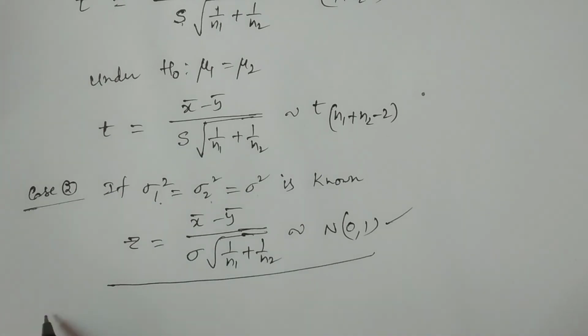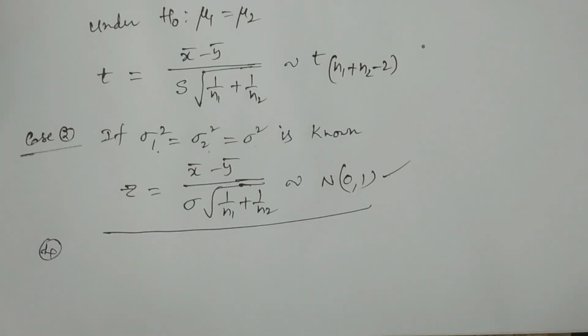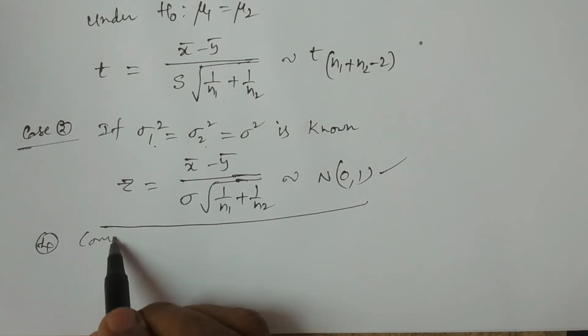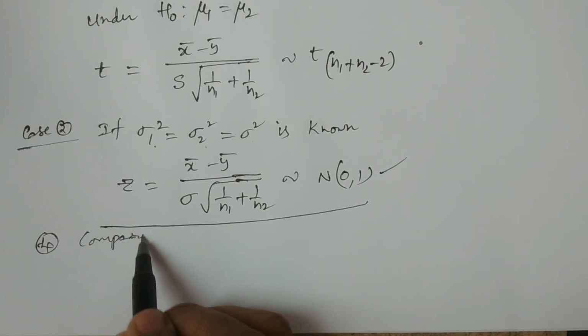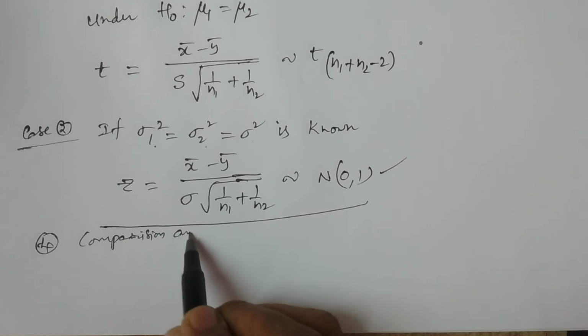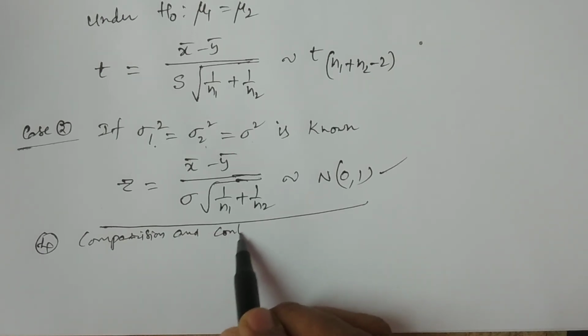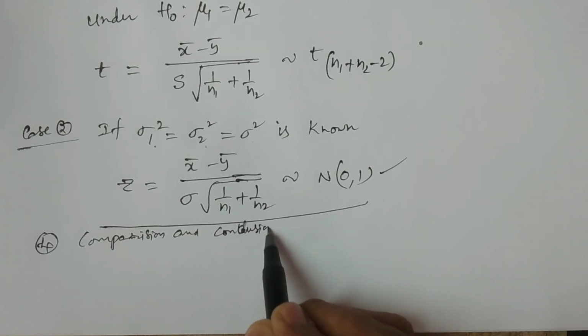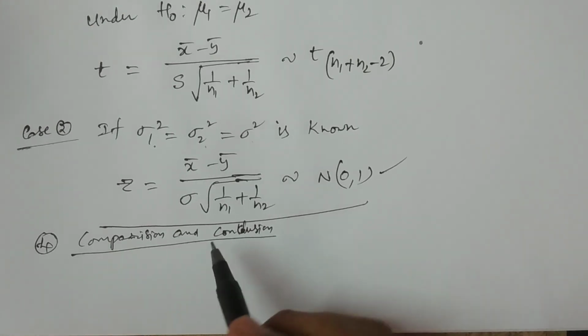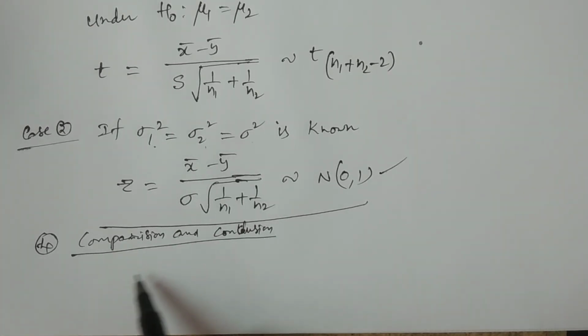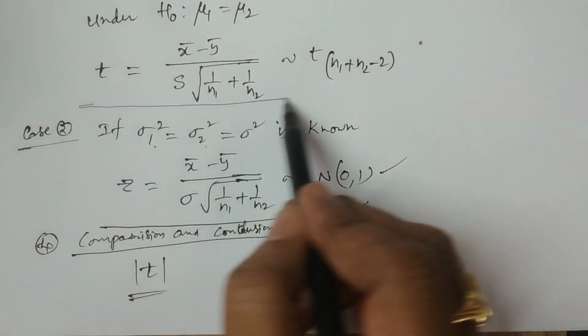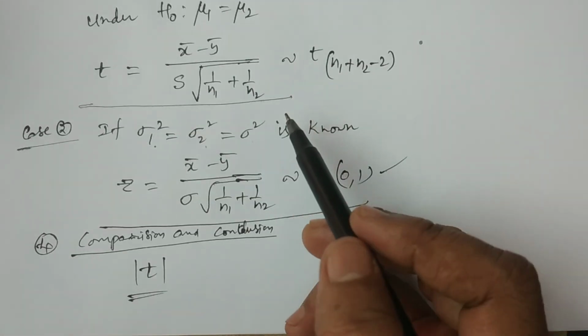So now the final, fourth part: the comparison and conclusion. What is the part of comparison and conclusion? In this case, we consider the modulus of t, the computed value. I'm discussing case 1, the major case.